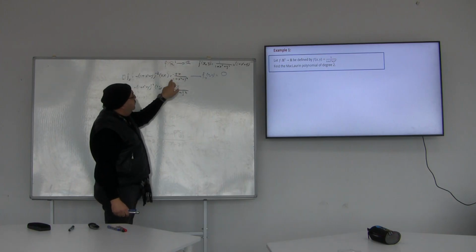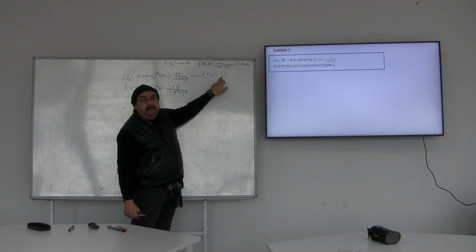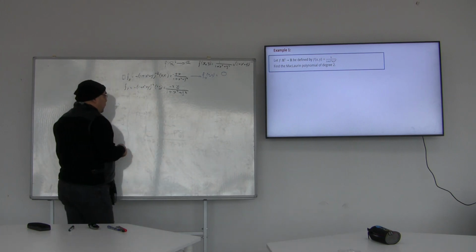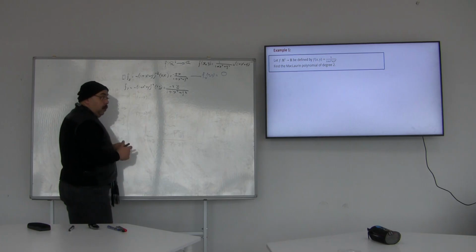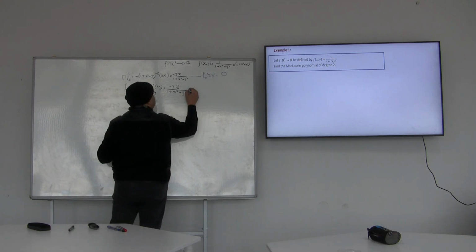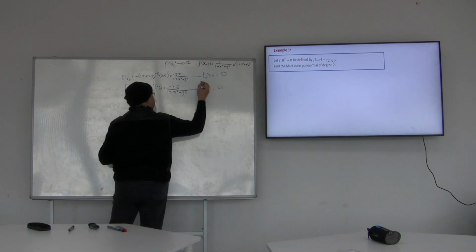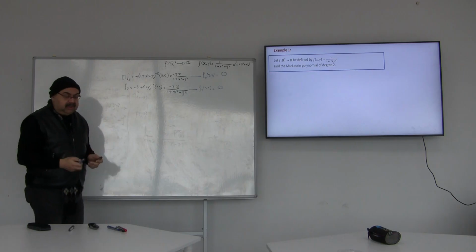So it's going to be 0 divided by 1, so the result will be just 0. Doing exactly the same with f sub y, I get f sub y at 0, 0, and the result also will equal 0 in a similar manner.